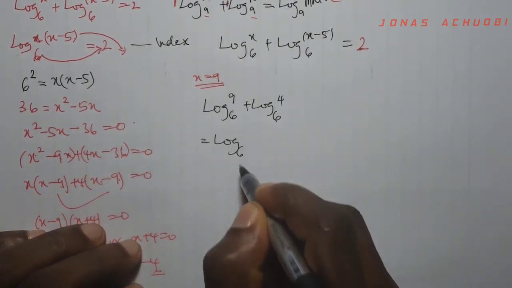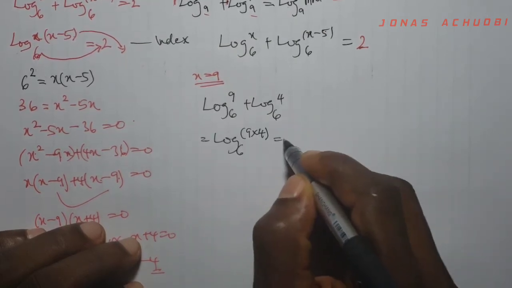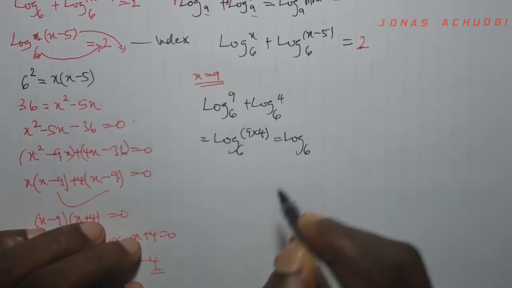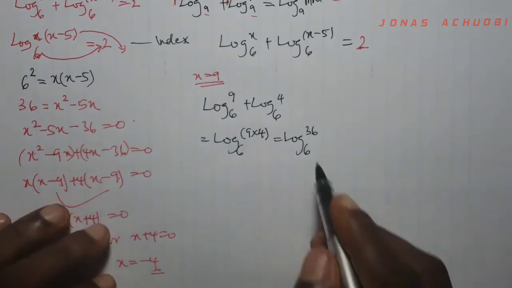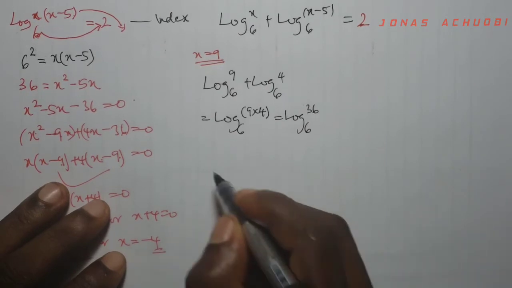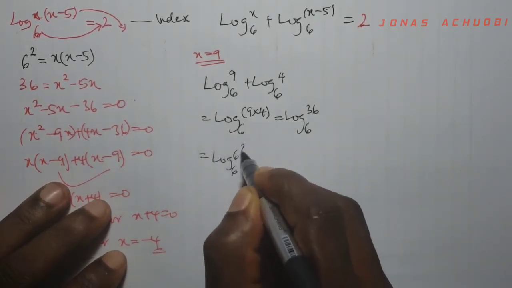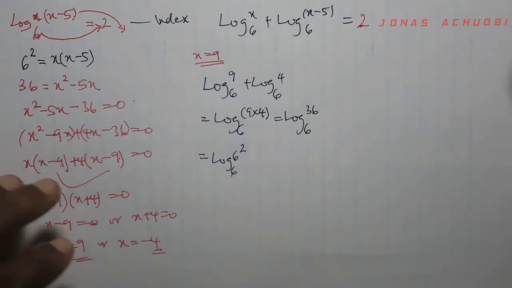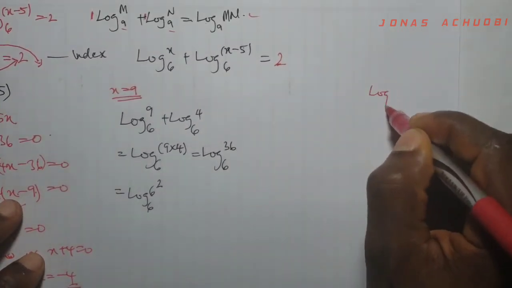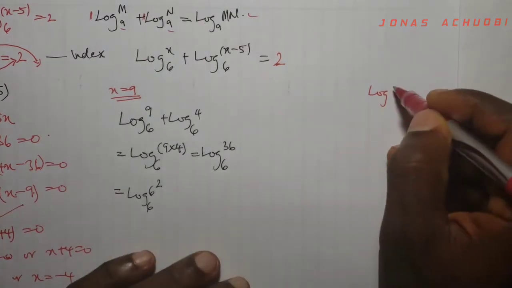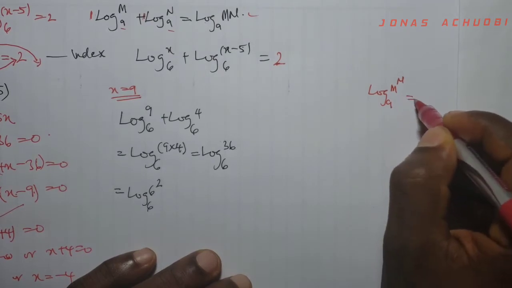So this is log in base 6, 9 times 4. And that gives us log in base 6, 9 times 4 is 36. Now, we can write 36 again as 6 squared. So this is the same thing as the logarithm in base 6 of 6 squared. Now, if you recall again from our laws of logarithm, there's a law that says that the logarithm of m raised to the power n in base a is equal to what?